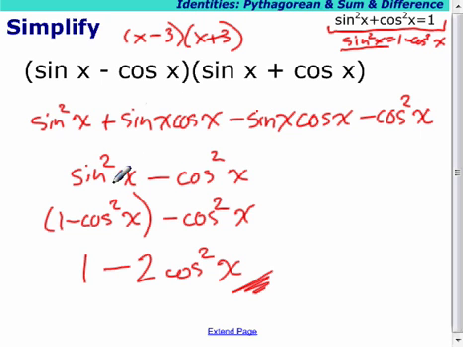They canceled out. Then I looked to see if I had an identity that could replace one of these, trying to get down to 1 trig ratio. You can't always get to 1 trig ratio, but that's sort of a preferred thing. Another preferred thing, just as you're doing some of these, is to use primary ratios as opposed to secondary ones.